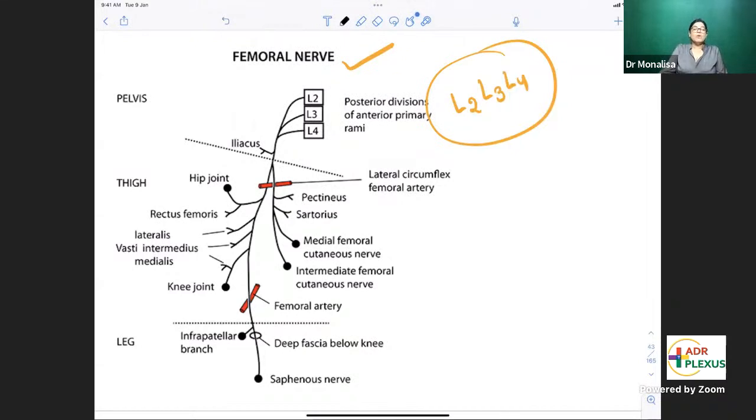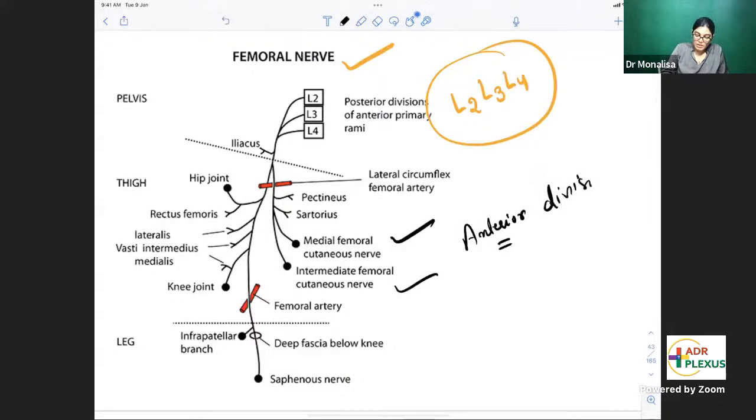Now, below the inguinal ligament, it divides into anterior and posterior division. The two cutaneous branches from the anterior division are the medial femoral cutaneous nerve and the intermediate femoral cutaneous nerve. It gives branches to pectineus generally from the trunk, and sartorius is the muscular branch given from the anterior division.